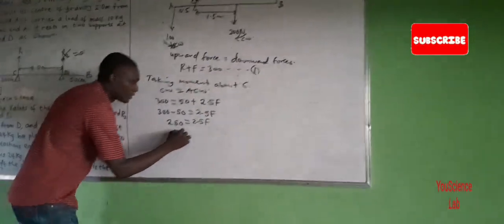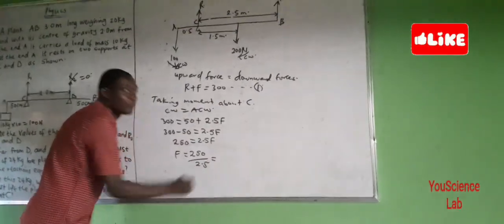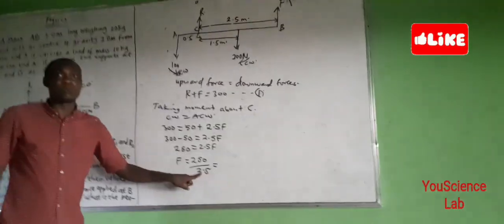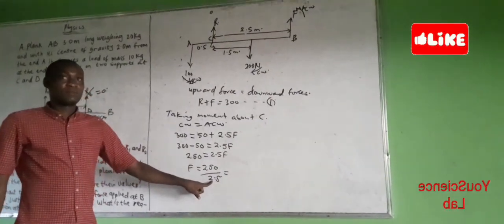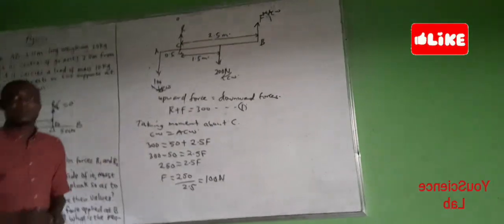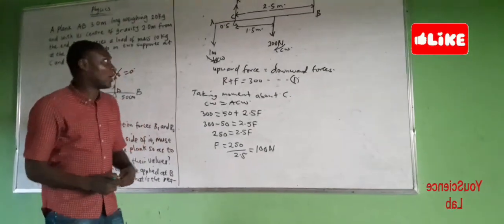So what will be F? F is equal to 250 divided by 2.5, which is 100 Newton. Now how do I get R?